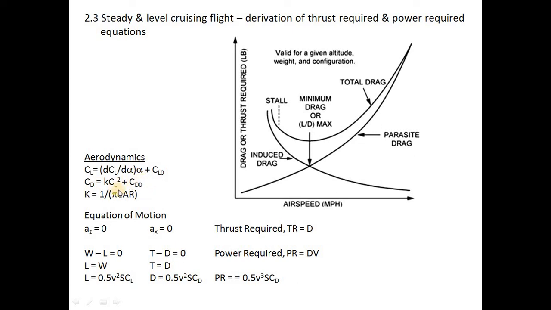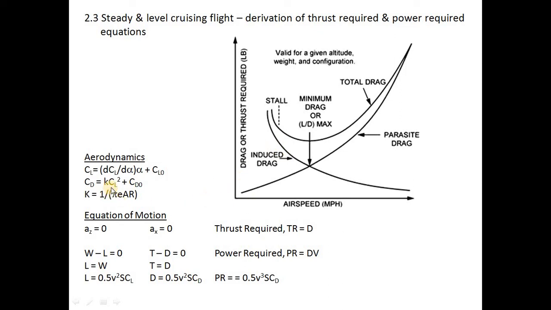So if you look at K CL squared, as you increase the airspeed, the CL is reduced, and the CL here is squared. So K CL squared is definitely getting smaller and smaller.